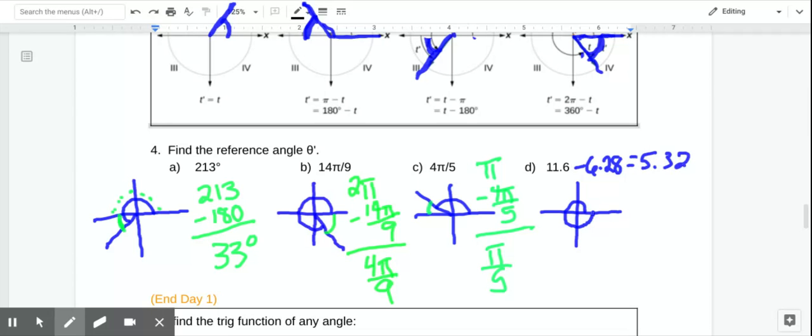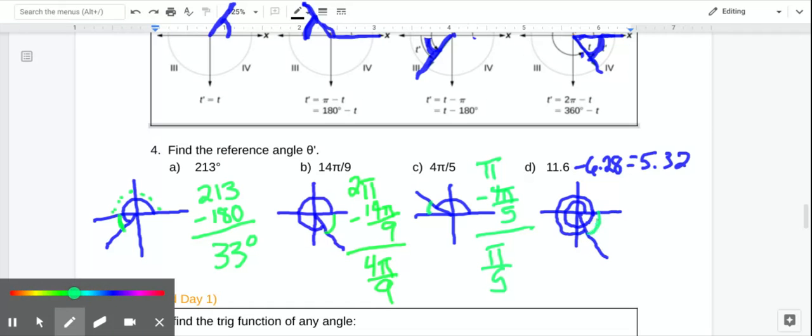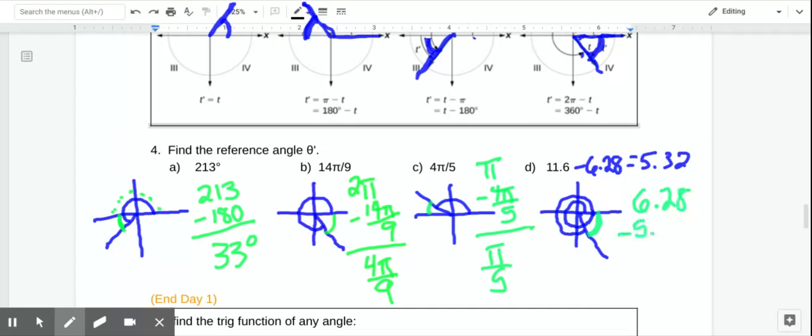So this is actually coterminal with 5.32, so that's going to be over here. And this reference angle is going to be right here. To find that reference angle, we're going to take 2 pi, which is 6.28, minus that 5.32, and our reference angle is 0.96 radians.